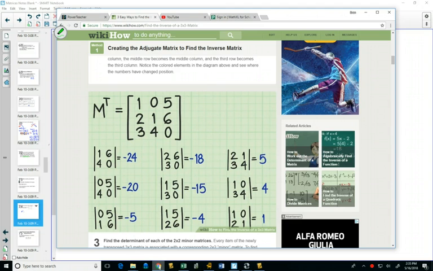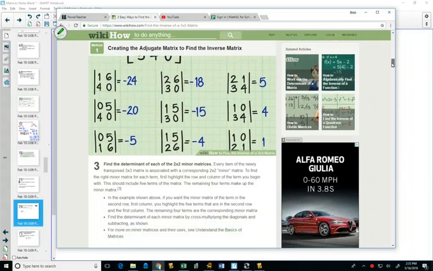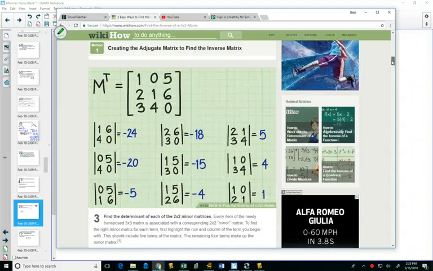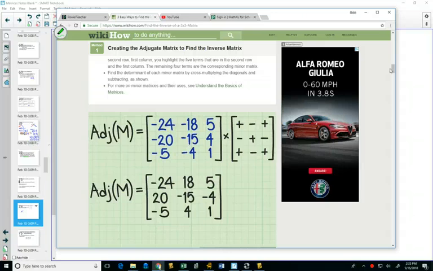Okay. So each of the little mini matrices that are in there. Okay. You take all of those numbers, and that makes your adjugate matrix. And once you have them, you multiply by this plus minus, plus minus, plus minus, plus minus to change some to positive, some to negative. Okay?